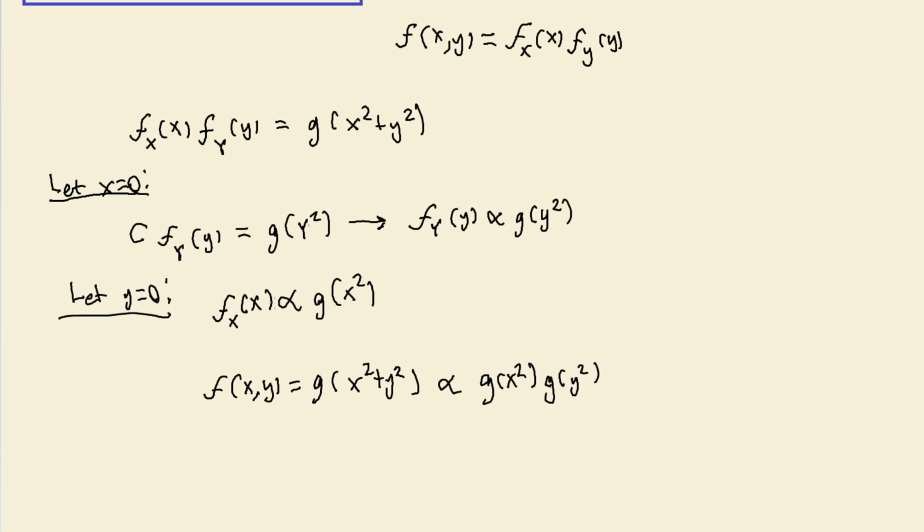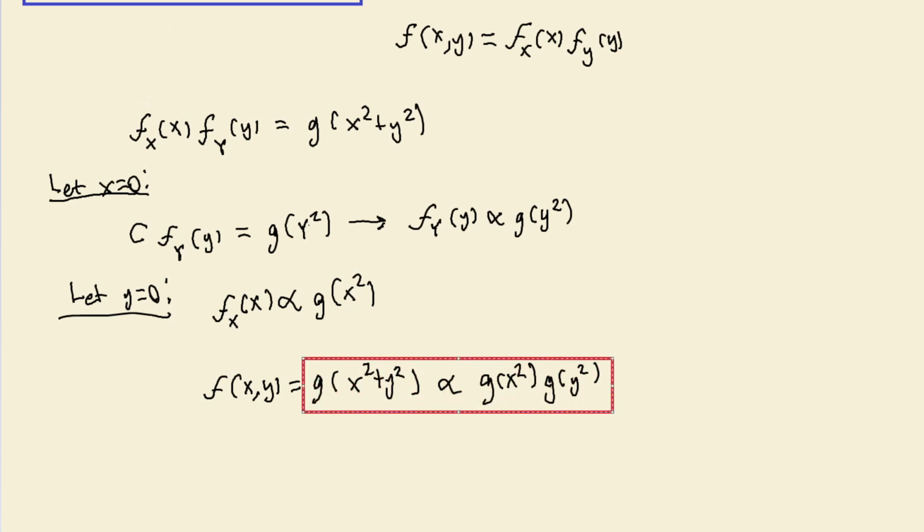That's just the product of these marginal probability density functions. And so what we're interested in here is figuring out what this g function is, because we know that it is equal to our original probability density function. And so we simply need to figure out some function that models this behavior right here.